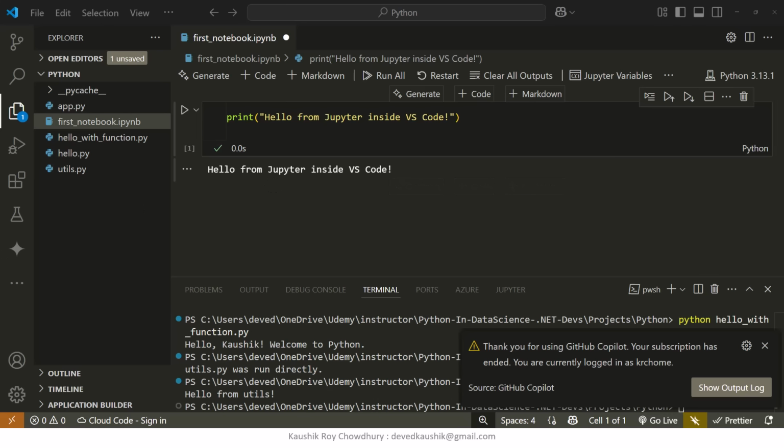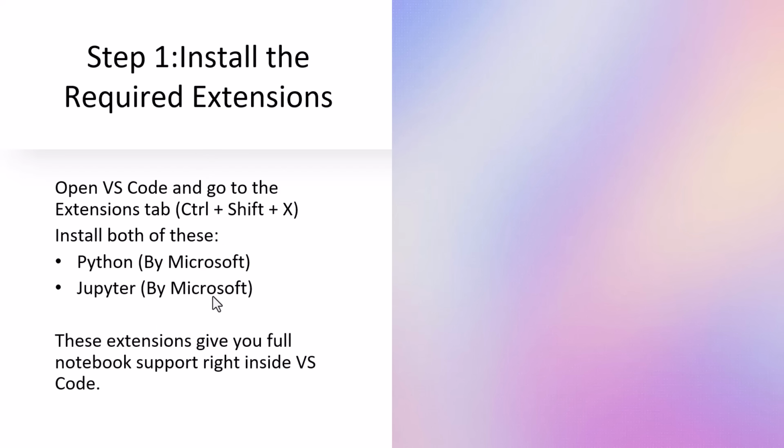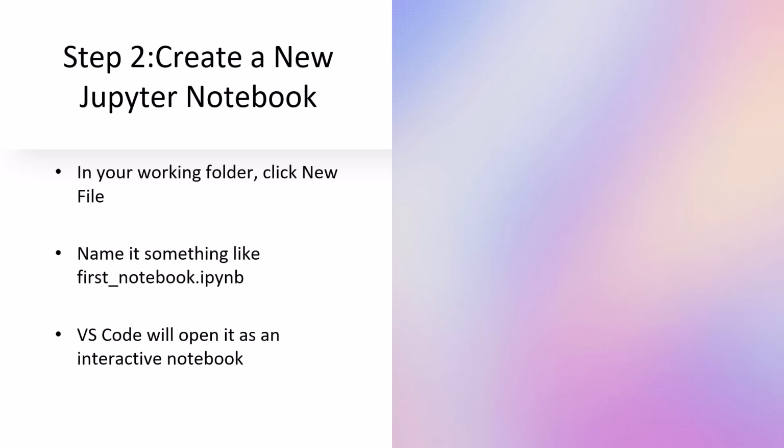All right, now what is the next step? We have executed this, and actually we have come up to step 3. Let's quickly recap: we have installed the required extensions, created a new Jupyter notebook and named it like this, and VS Code opened it as a new interactive notebook.